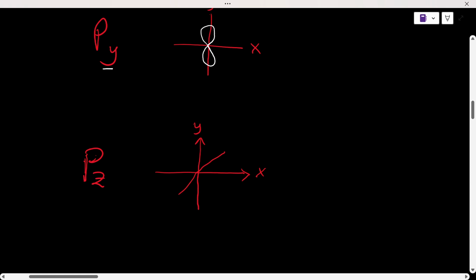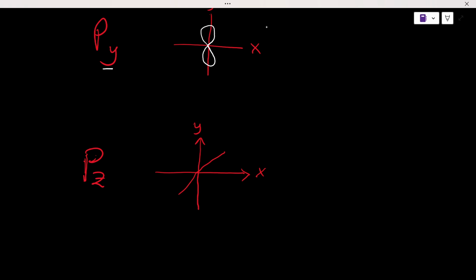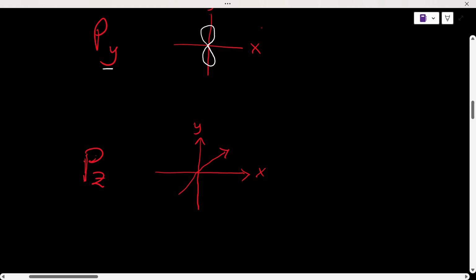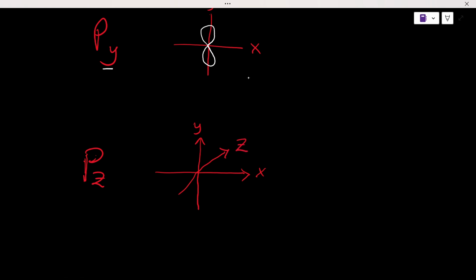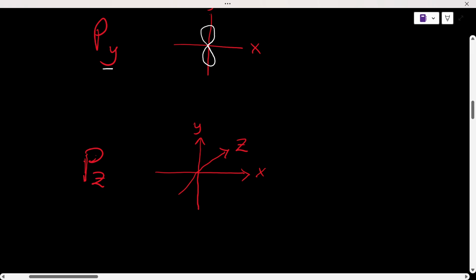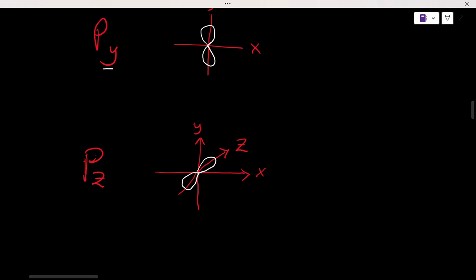Sorry, it's just a sketch, so it must be along the z. This one now is going to be my z axis. So that's where the orientation of my dumbbell is going to face, along the z axis.